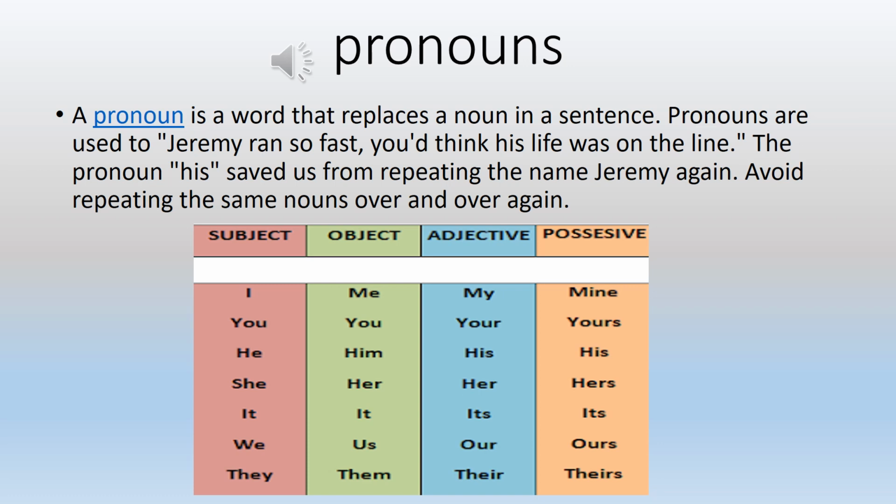You would think his life was on the line. The pronoun his saved us from repeating the name Jeremy, and avoids repeating the same nouns over and over again. If you keep repeating the noun, the sentences feel weak. So we replace the noun by using the pronouns.